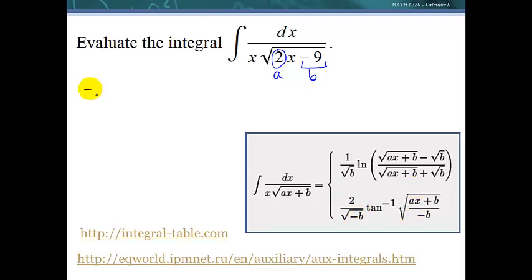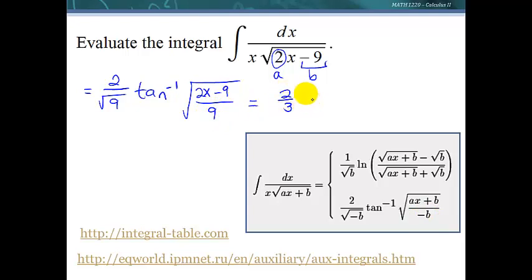That's going to equal 2 over square root of 9, and then inverse tangent of the square root of 2x minus 9, I'm just putting in the a and the b there, over -b, so that's going to be over 9. Finally, to simplify that a little bit, that's going to be 2/3, and then the inverse tangent of 1/3 square root 2x minus 9.